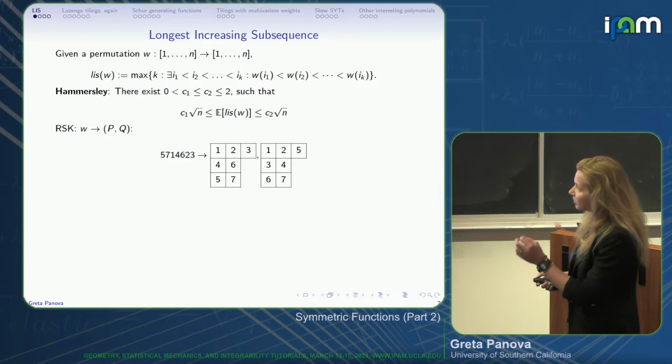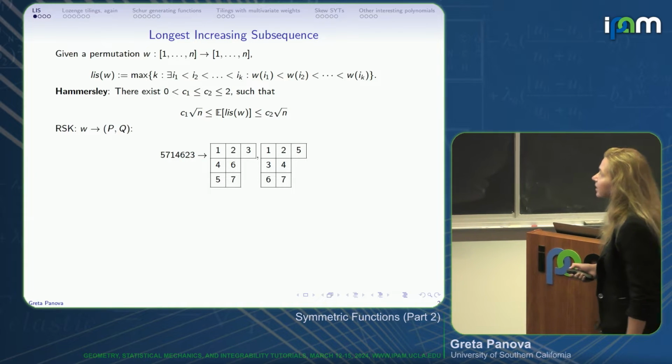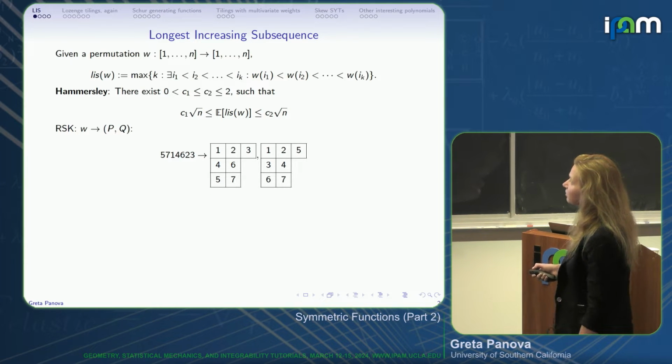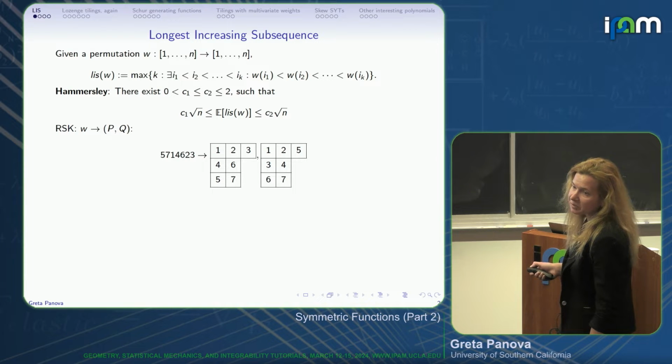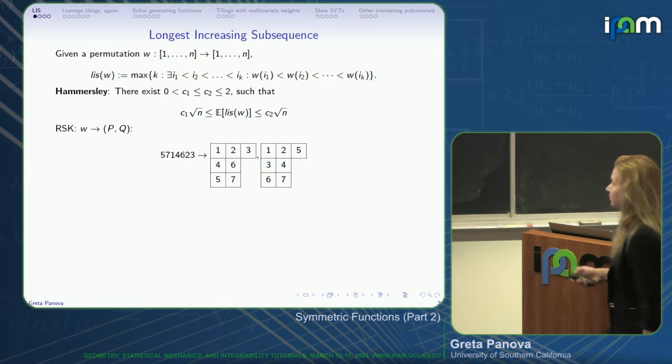And one of the good properties of RSK is that the longest increasing subsequence of the permutation is equal to the length of the first row. So in this case here it should be 3. And let's see if it's true. Well, 1, 2, 3 is the longest increasing subsequence here, and we cannot find any longer, so it's 3.